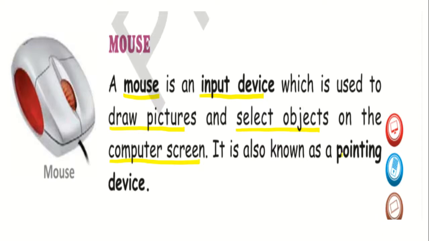Children, mouse is also known as pointing device. Now, why is it known as pointing device? Because a mouse is used for pointing at the objects on the monitor. And as you read here, it is also used for drawing images.